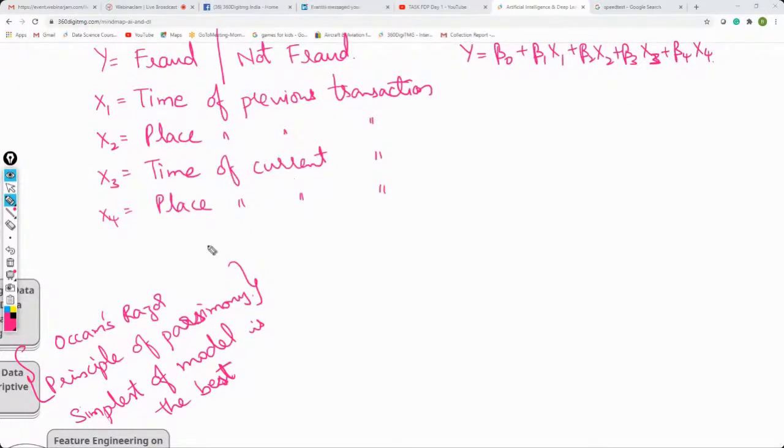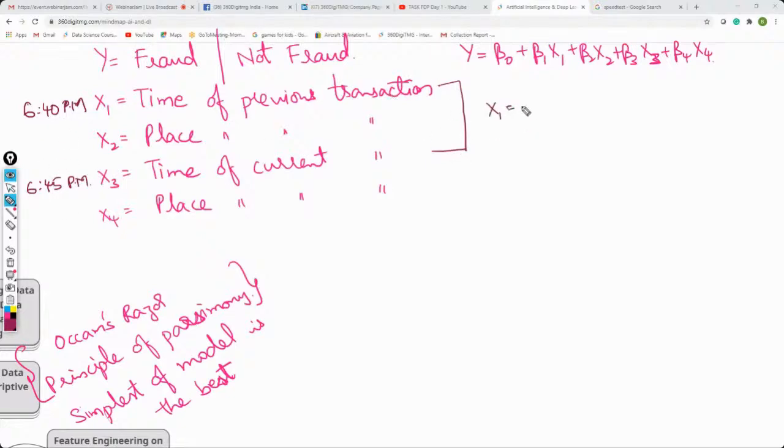But then I can do something mathematically with these. What can I do? Let's see. If you simply take x1, which is time of previous transaction, and x3, which is time of current transaction. Say the previous transaction was done at maybe 6:40 p.m. and the current transaction happened at 6:45 p.m. So when you subtract these two, you get 5 minutes, and that's called time lag.